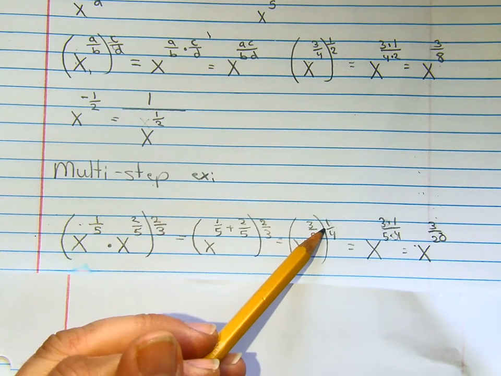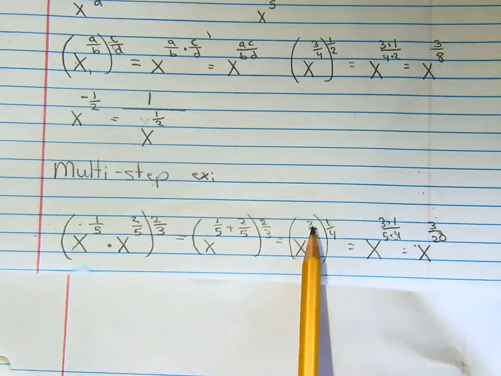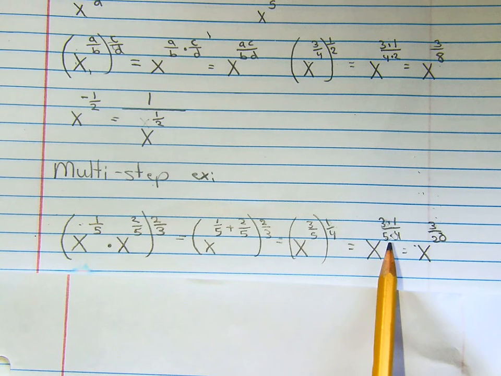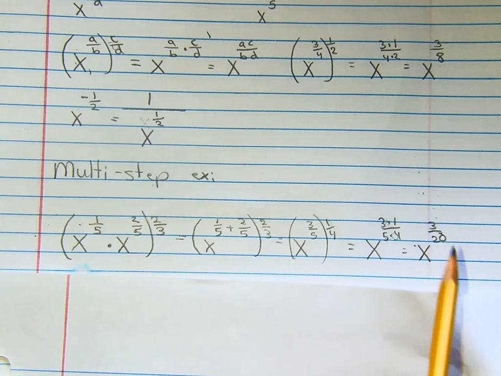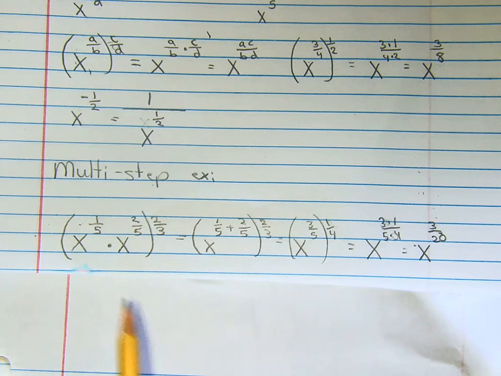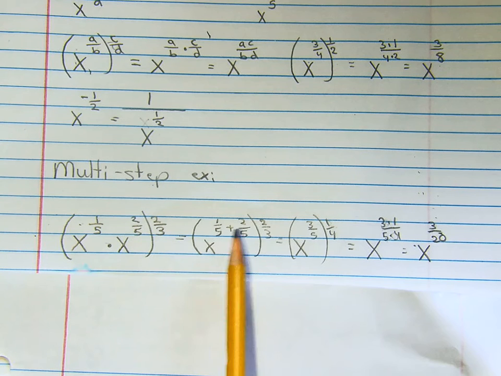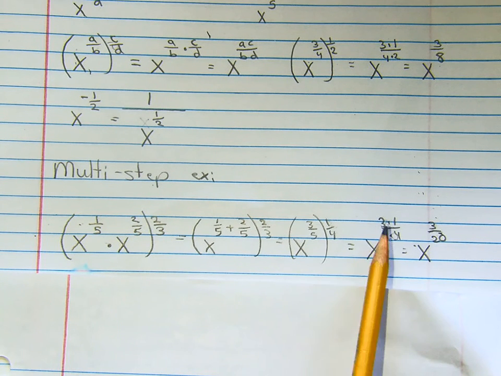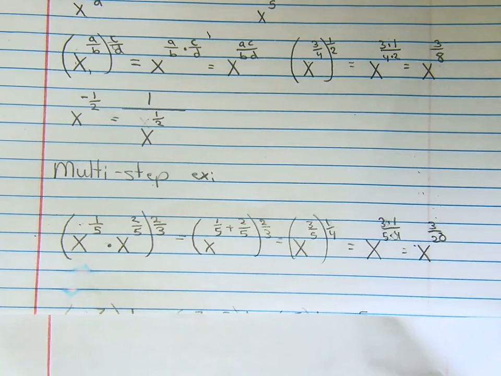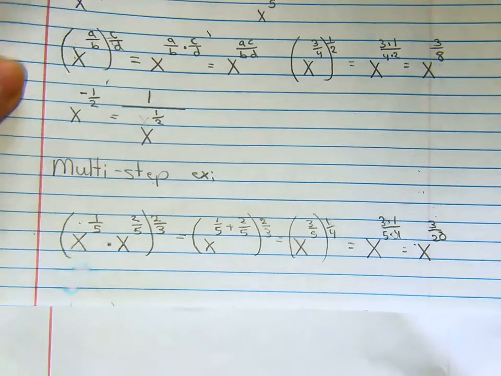And then now I'm going to do my power, which just means I multiply them. So when it's all said and done, I simply get 3/20 as my answer. So what do you do when they're multiplied together? You add the exponents. What do you do when it's raised to a power? You multiply the exponents. Same rules, just two at a time.